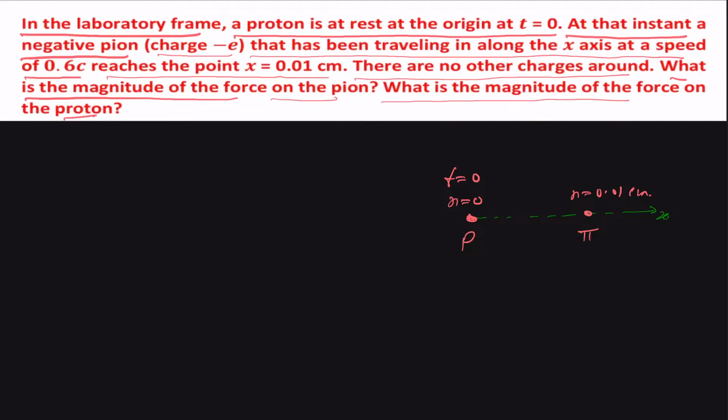First of all, let's find out the magnitude of force on the pion. The proton is stationary, and because the proton is at rest, it is going to apply a force on this pion.